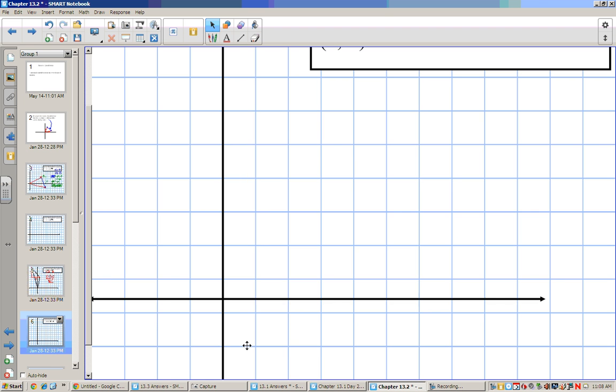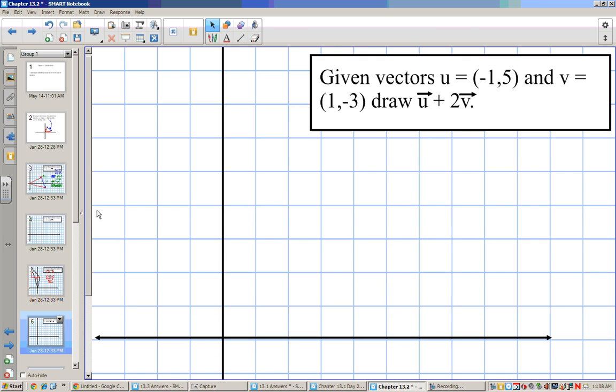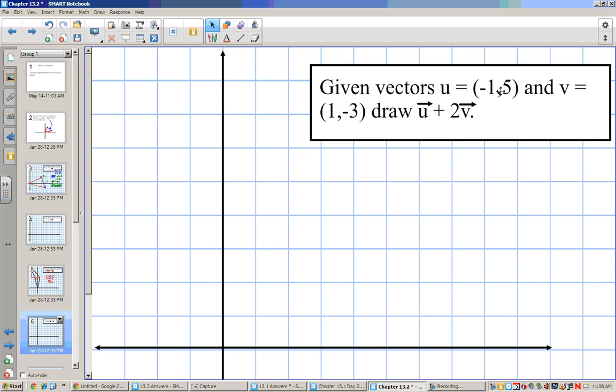All right. So now on this problem, we have u is negative 1, 5, and v is 1, negative 3. And we want to draw u plus 2v. Well, the first thing I'll draw is u. We go left 1, up 5. And now 2v. 2 times v is going to be twice as big, so that's 2, negative 6.